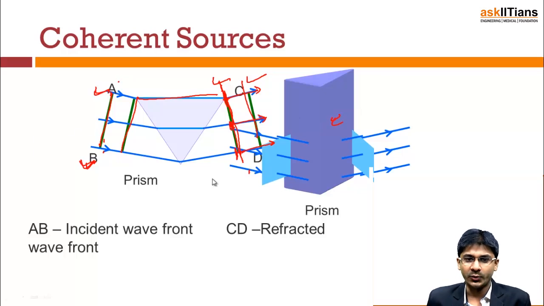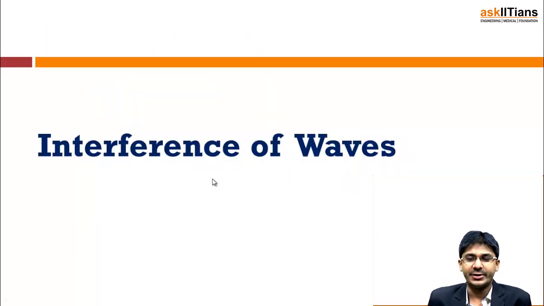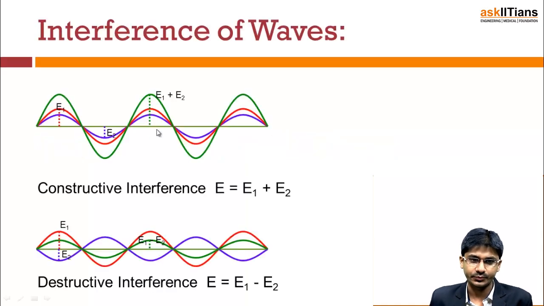Now we will see the interference of waves. How do we get the interference of waves? What are the conditions necessary for the interference of waves? What happens when we have the interference of waves? Now if you see here, these are two waves. One wave is E1, another wave is E2. The red one is the first wave.